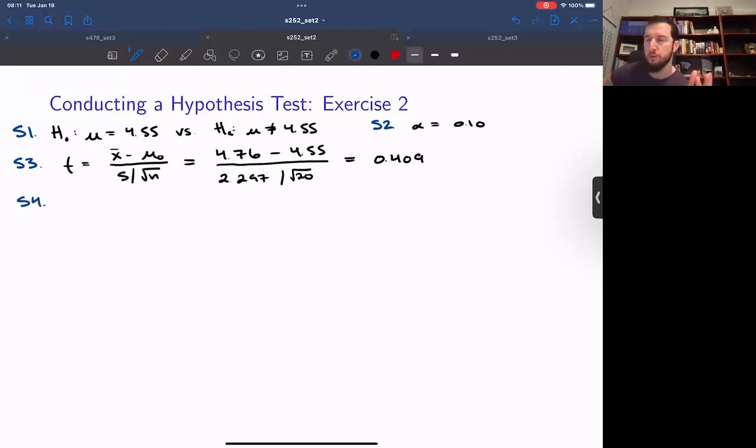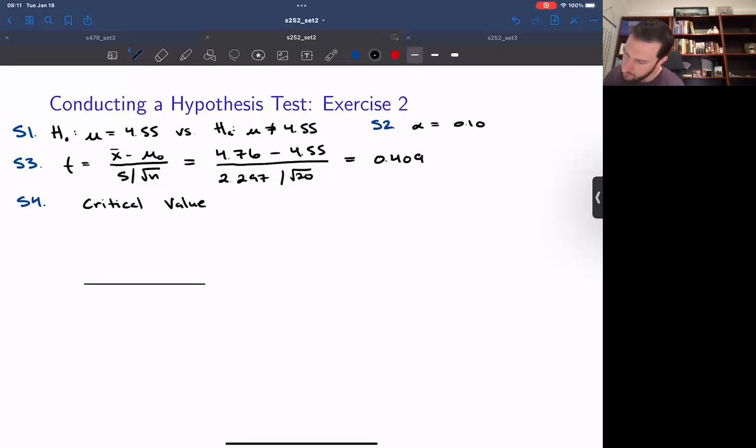Okay, so on the fourth step, we can take the critical value approach or the p-value approach. This is our evidence gathering step. So what we are looking for here is evidence to support or to reject the null hypothesis. If we were to start with the critical value approach, we would start by sketching out our t-curve.